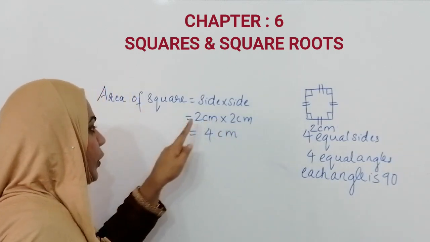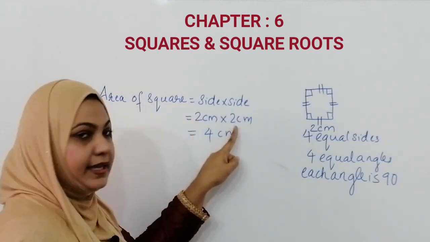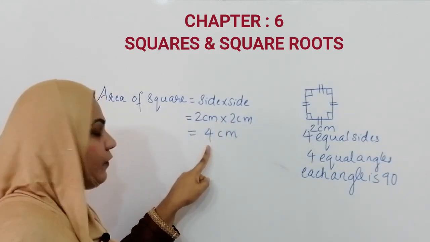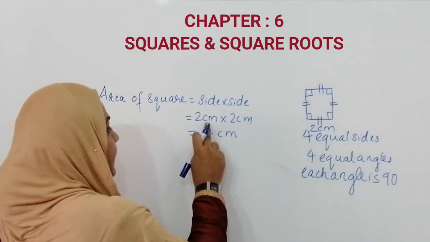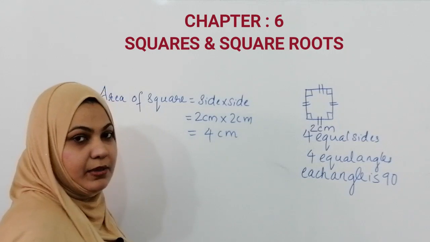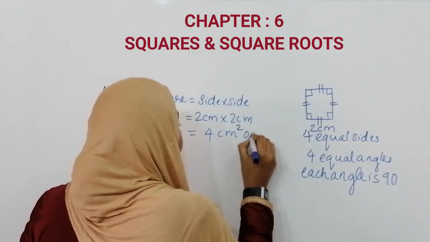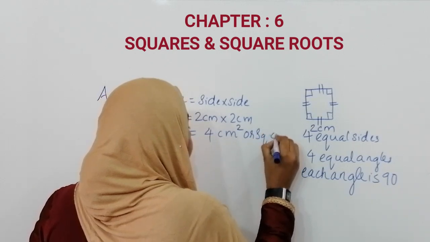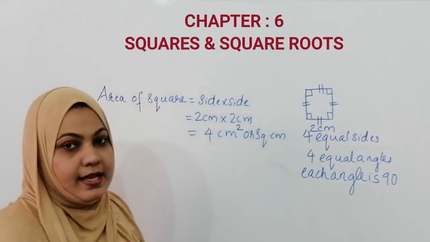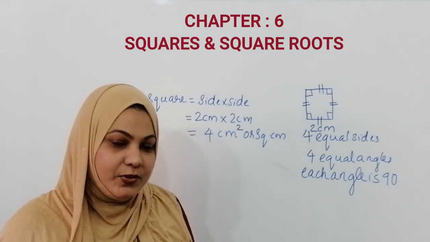Here you can see 2 is an integer. It is multiplied by itself. You get 4. And centimeter also 2 times. When you multiply centimeter into centimeter, you get centimeter square or square centimeter. In lower classes, you will say area of square is equal to side into side.